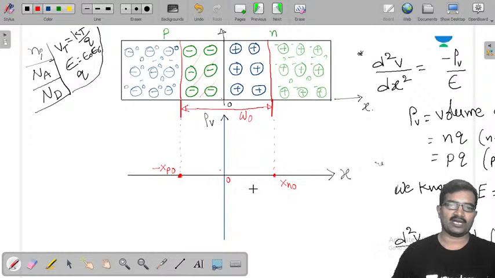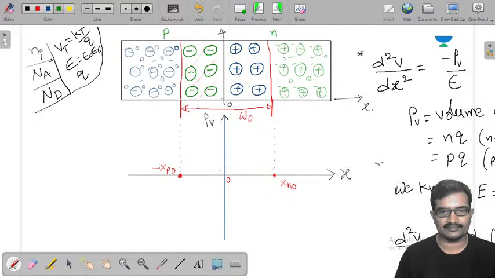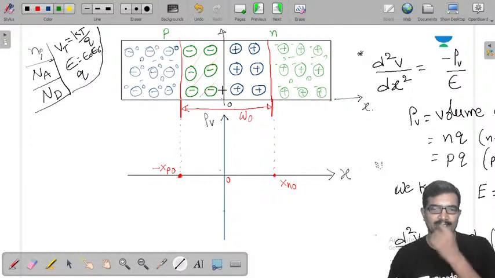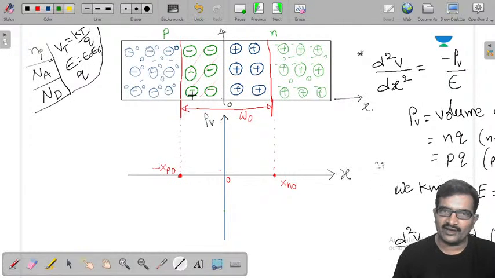Now I am going to rho V. Here it is filled by negative immobile ions, so the rho V value is negative. And this is a uniformly doped semiconductor.